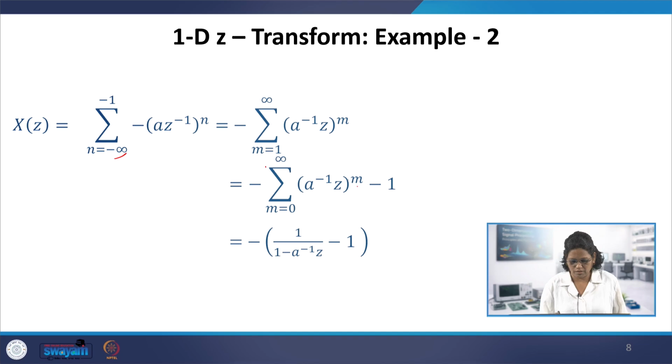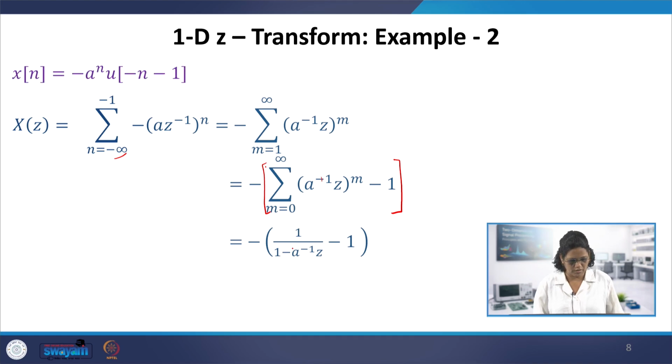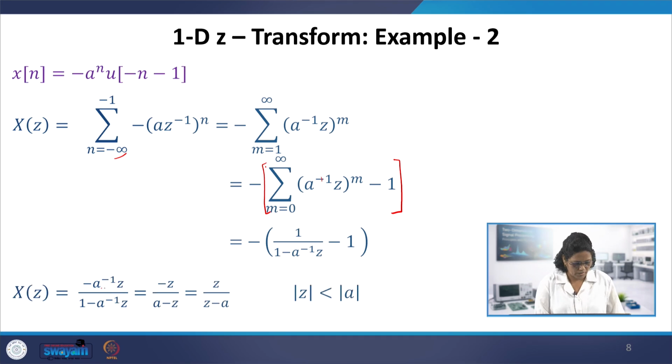So here we have minus 1, and the sum converges to 1 by 1 minus a inverse z, minus 1. We know this gives the closed-form solution where |a inverse z| is less than 1. Simplifying further, we get X of z as minus 1 by 1 minus a inverse z, minus 1, which is z by z minus a.